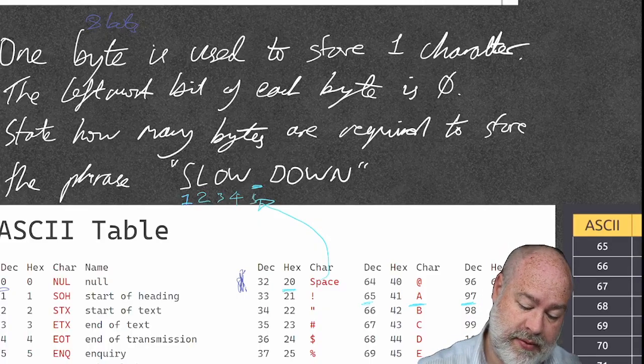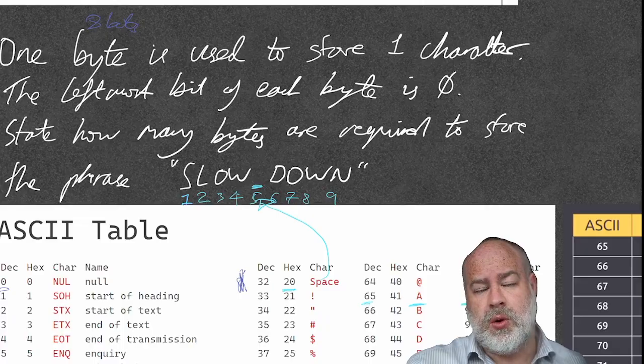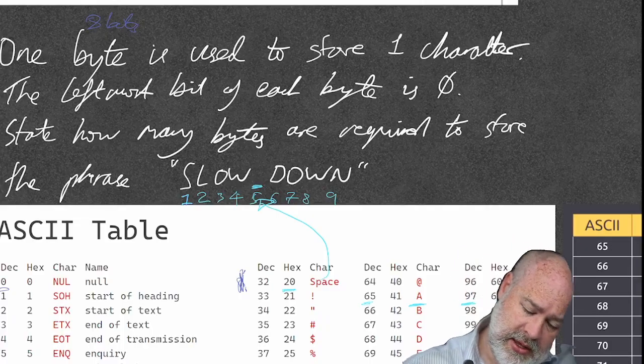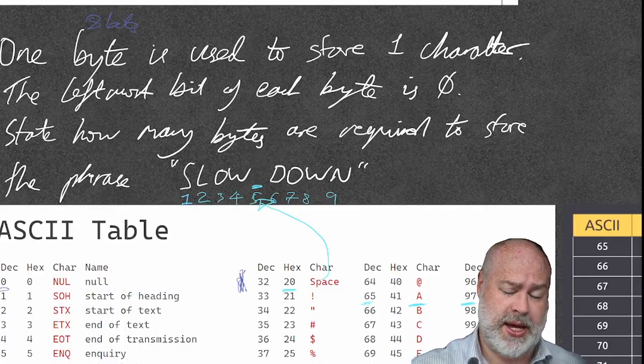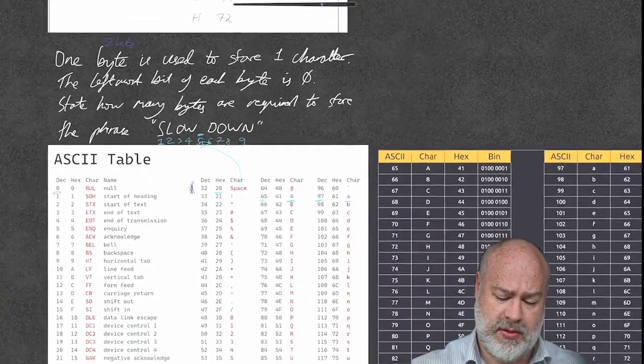So we've got to have a space for that allocated in our bytes, 6, 7, 8, and 9. So to have the phrase slow space down, we need to store that within 9 bytes. It would take 9 bytes to store that phrase.